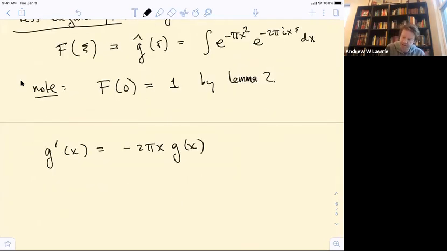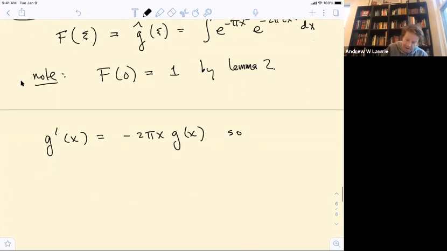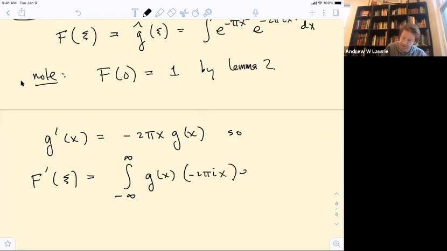So because of this, capital F prime of c is equal to the integral from minus infinity to infinity of g of x times minus 2 pi i x times e to the minus 2 pi i x times c dx.